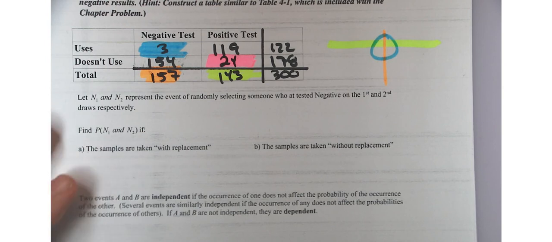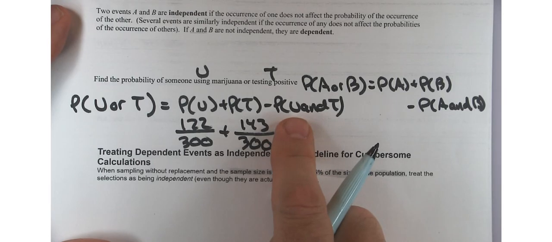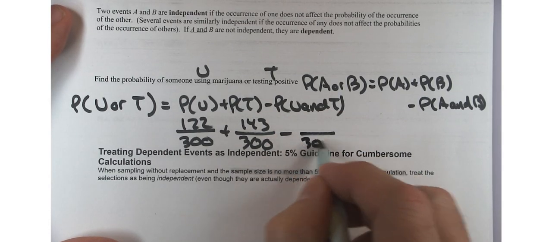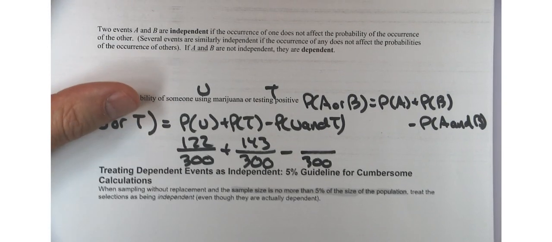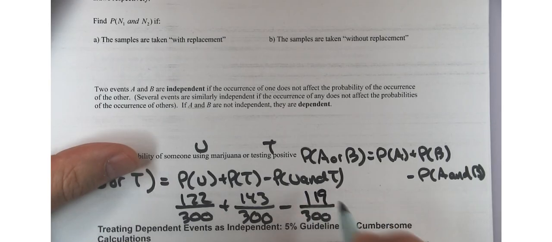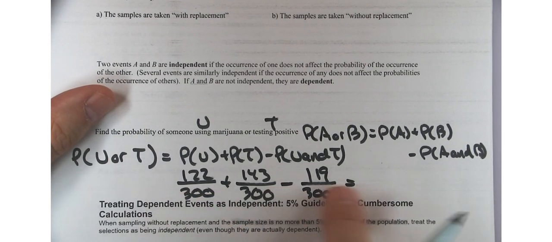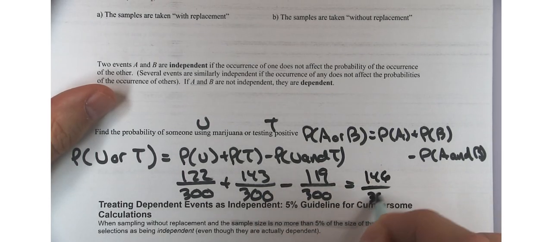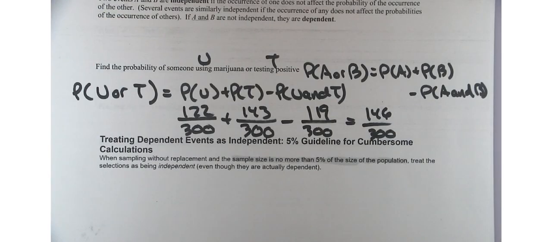Now, that subtract off part is the probability that somebody was a user and tested positive. So how many people were in that group? 119. Good. And when you total these all up, you get 146 out of 300. And so that would be our probability that somebody was either a user or tested positive.